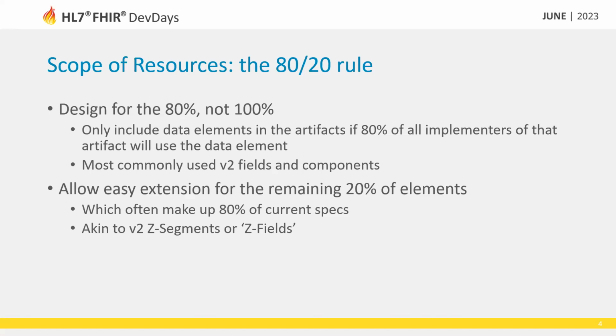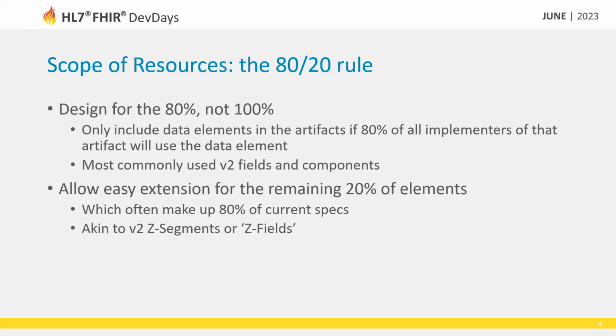So in FHIR, you more or less see the reflection of that in our resources, the segments in FHIR: you're only going to include those data elements, those fields effectively, that are currently supported by 80% of systems out there. That automatically means that you're not going to include absolutely everything in these resources.